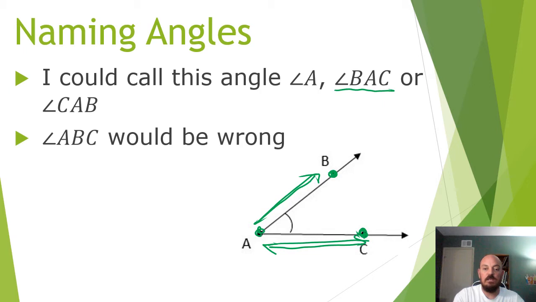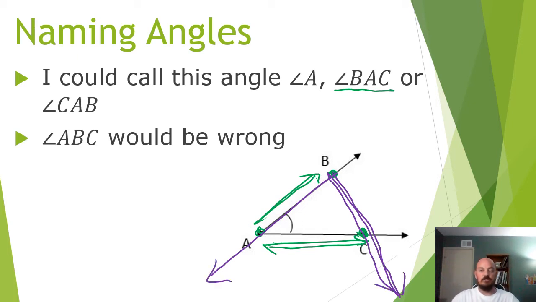If you said angle ABC, you mean you're starting down here somewhere, going through point A to point B, and then from point B down this way through point C. Actually, I kind of missed there, but you get the idea. That purple angle is angle ABC. It's not the one that was originally in the picture. So when you're naming angles, 3 points is best. Go in order in either direction, but make sure the vertex is the middle letter.